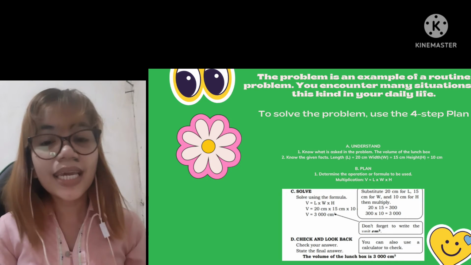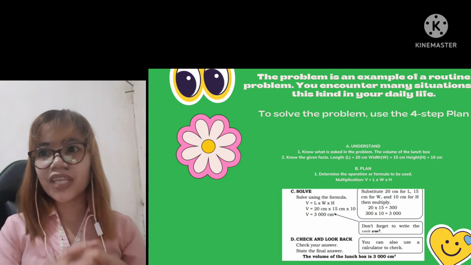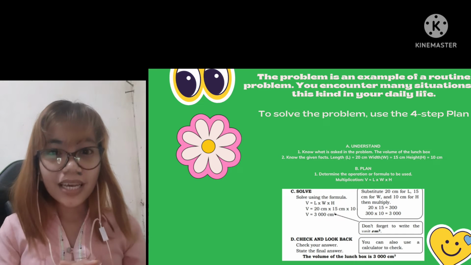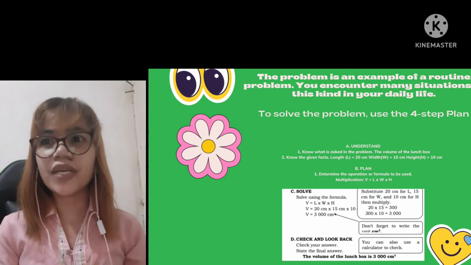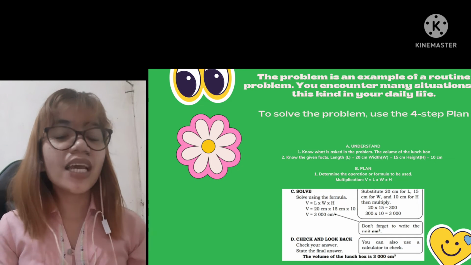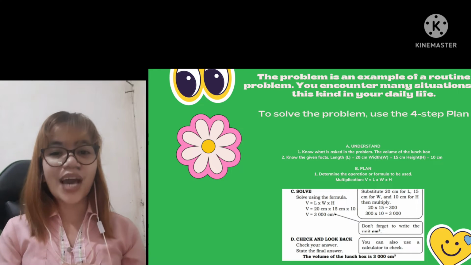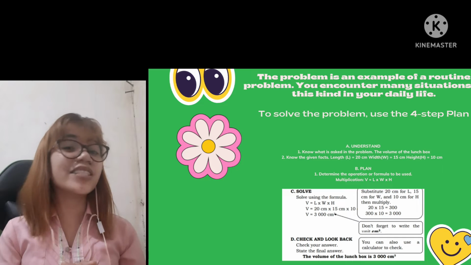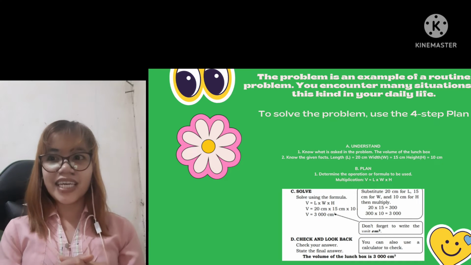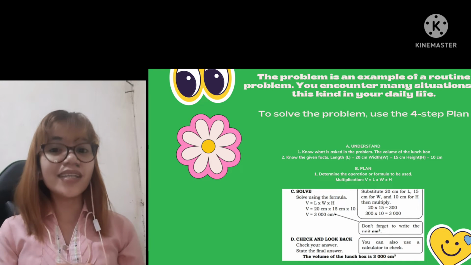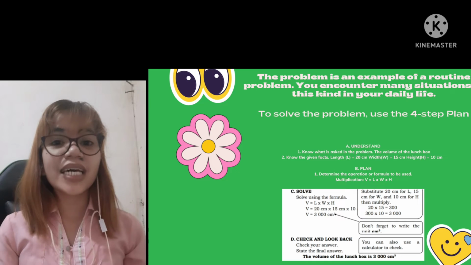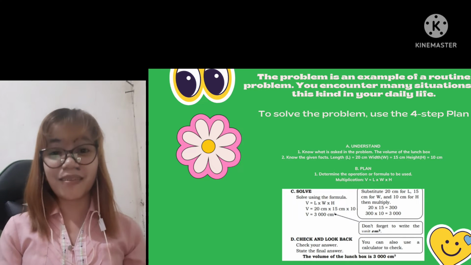So, 20 times 15 equals 300. Very good. Times 10. 300 times 10 equals 3,000. Very good. So now, the answer is volume equals 3,000 cubic centimeter.